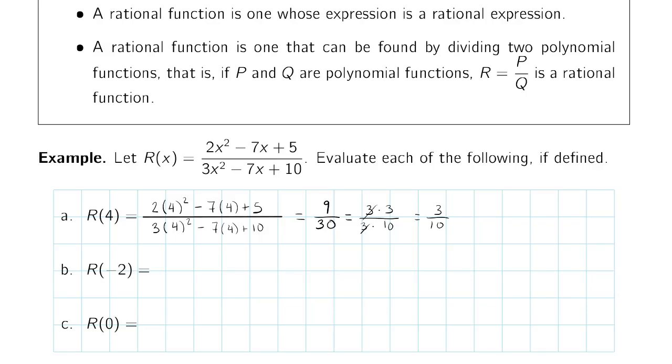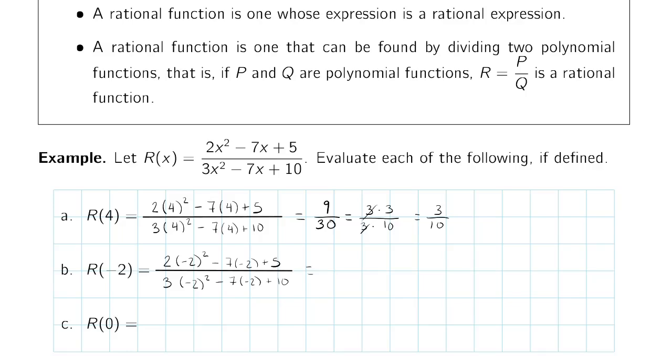Let's take r of negative 2 next. In our numerator, we'll have 2 times negative 2 squared minus 7 times negative 2 plus 5. In our denominator, 3 times negative 2 squared minus 7 times negative 2 plus 10. Now be careful when you're trying to take negative 2 squared on the calculator that your negative 2 has to be in parentheses.